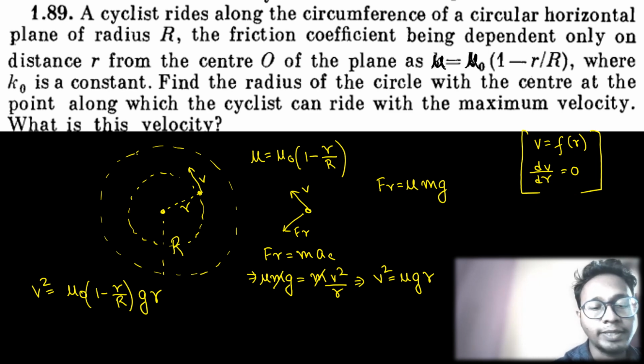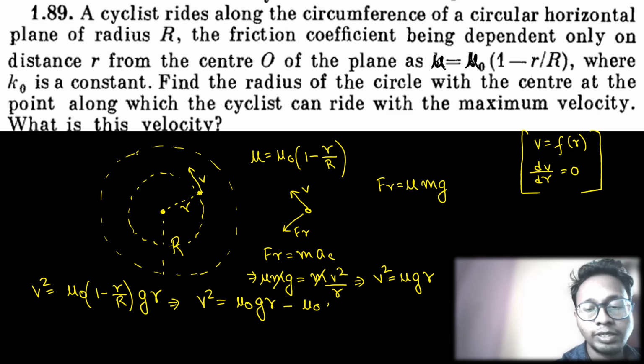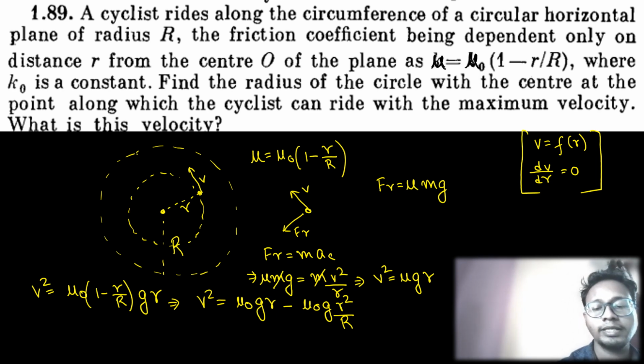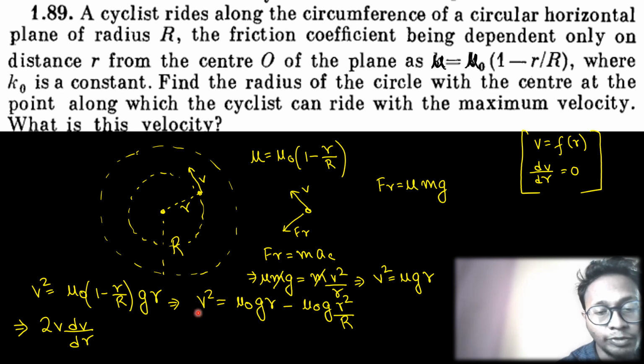Here, if I multiply, v square is equal to mu naught g r minus mu naught g r square by capital R. Now, I differentiate v square, which gives 2v dv by dr. What I'm doing is differentiating this entire term with respect to r.